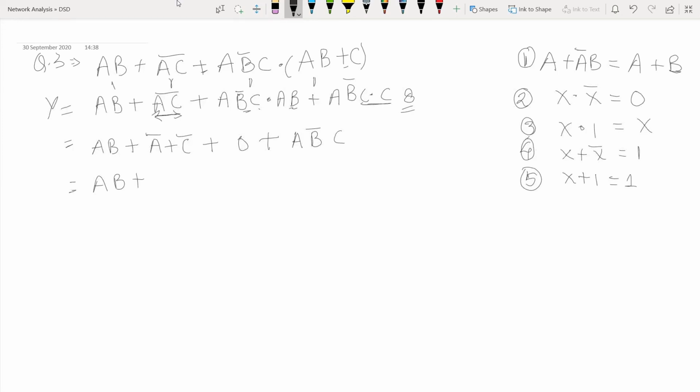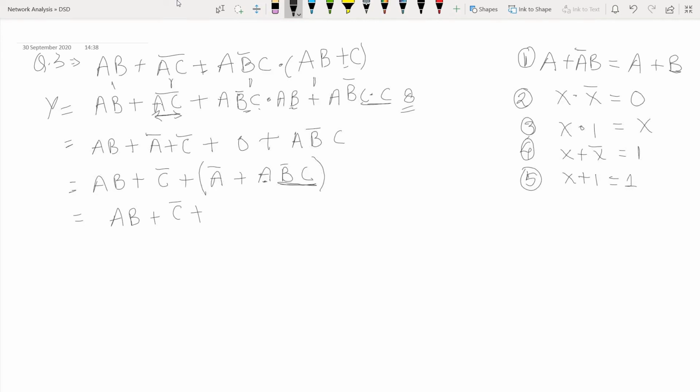So AB plus this C bar I will keep here, and this is A bar plus A B bar C. This is now according to distributive property. This term is A plus B, and this we can consider as a common term. So as per distributive property, what will be the outcome?